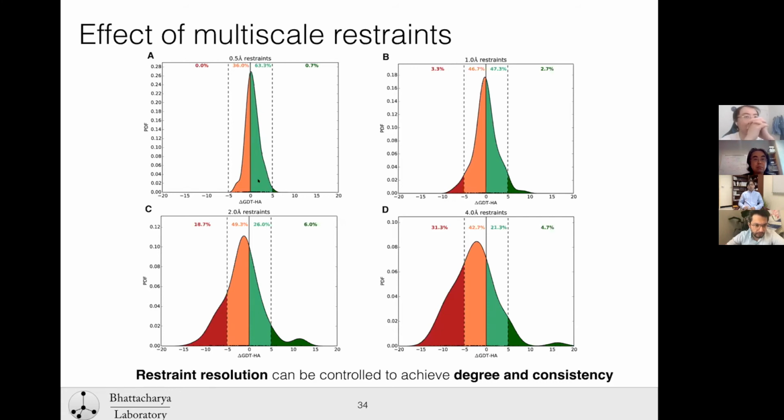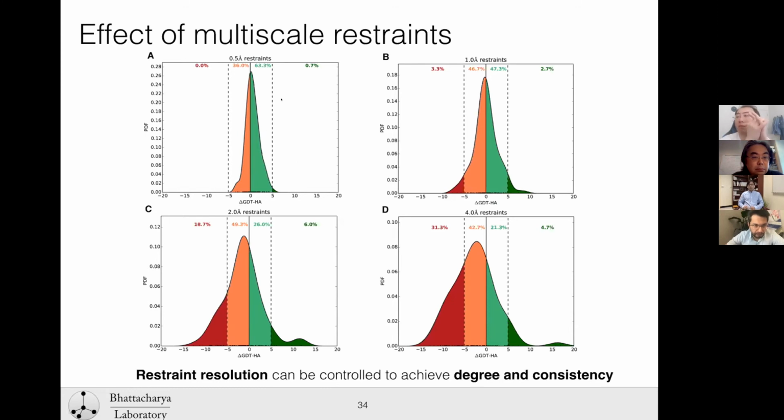The green represents that the refinement went in the right direction, that is, we went toward the experimental structure. The red or reddish areas represent that we actually ruined the starting structures.